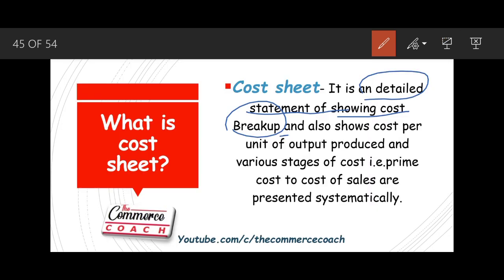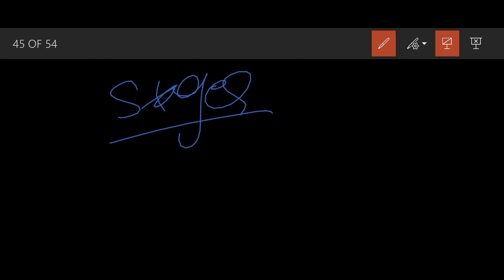It also shows the cost per unit of output produced, and the various stages of cost, from prime cost to cost of sales, are presented systematically. Basically at the first level we will calculate prime cost, then we will move up to total cost.